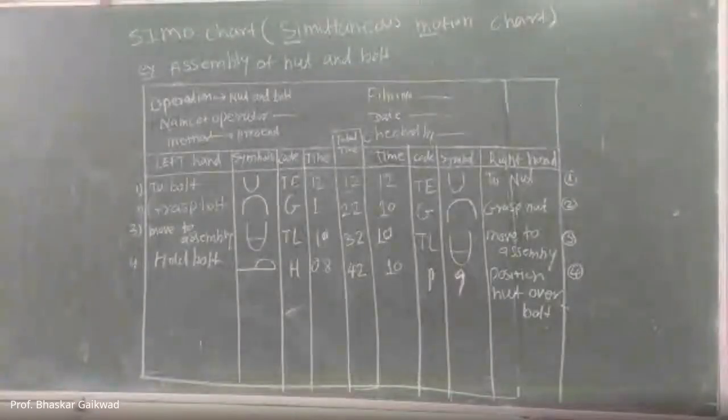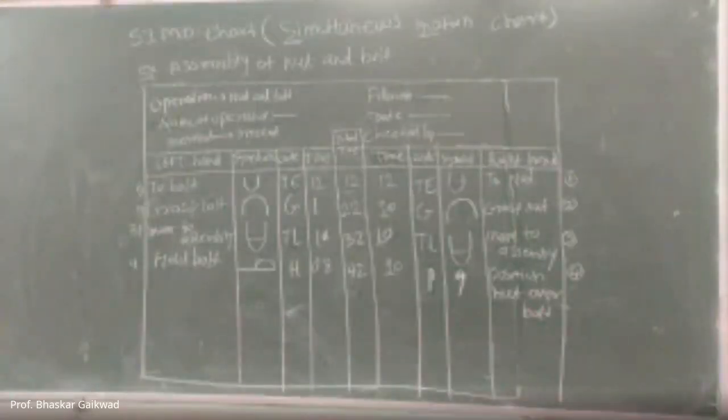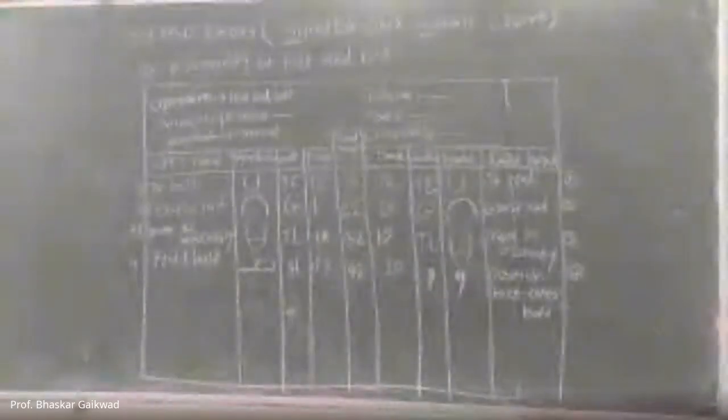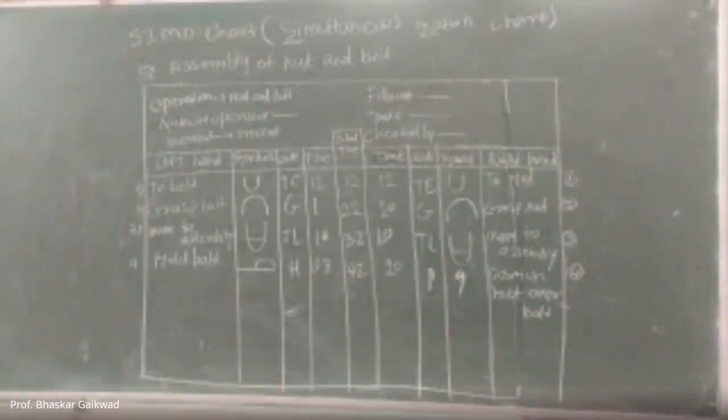Main advantages of the CMO chart. The first advantage is to eliminate unproductive operations like search, select and hold. Normally in a CMO chart, you have to concentrate on these words: search, select and hold.